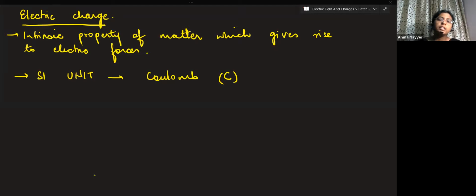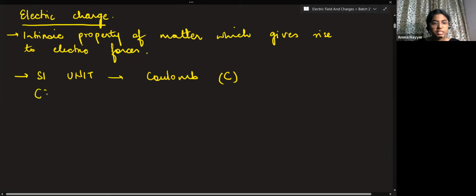So we don't write Newton all the time. How do we represent it? Through a capital letter N. Similarly, for representing electric charge, instead of writing coulomb all the time, we represent it through the symbol capital C. So this is the SI unit of electric charge, coulomb, named after the scientist Coulomb.